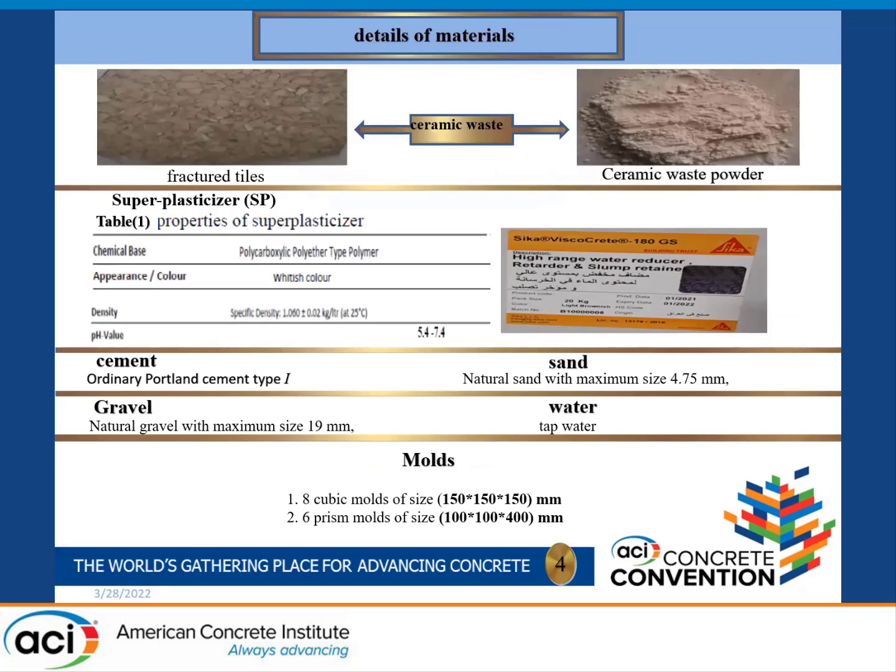We used ordinary Portland cement type 1, natural sand with maximum size 4.75 millimeter, natural gravel with maximum size 19 millimeters, and tap water. We used ceramic tiles after cleaning and fracturing them. Then we ground them to ceramic waste powder. We used super plasticizer to increase the workability.